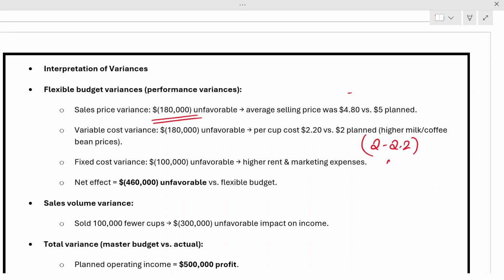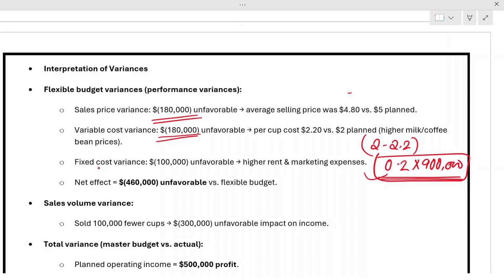So we are bad again by 20 cents here, and in actual we sold 900,000 cups. So, in effect, we are adverse by $180,000 if you multiply these two numbers. This will be your variable cost price variance.